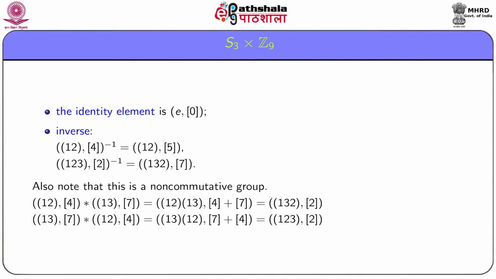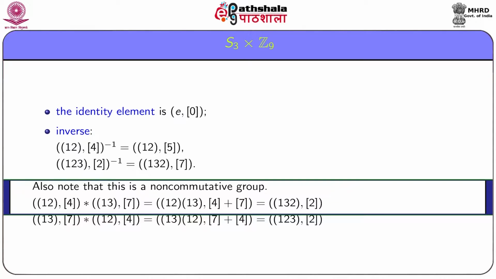Similarly, since the inverse of [2] in Z9 is [7] and the inverse of (1 2 3) in S3 is (1 3 2), we have that the inverse of ((1 2 3), [2]) is ((1 3 2), [7]).